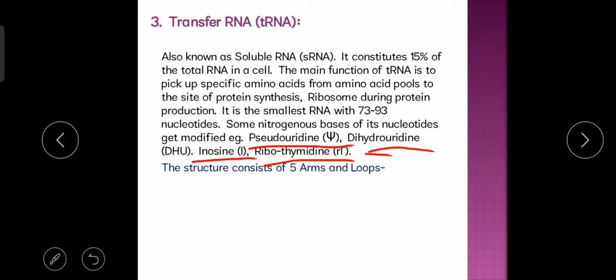Okay, so these four are the modified nucleotides which are only found in the transfer RNA.